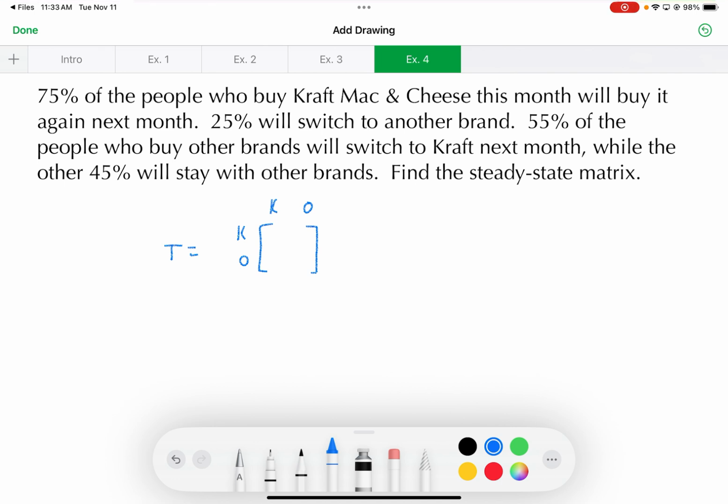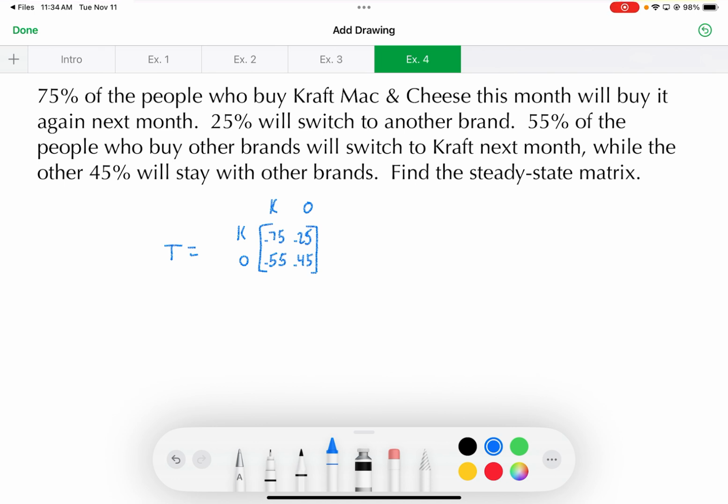Okay, so 75% who started with Kraft are going to stay with Kraft. 25% are going to switch to the other brand. And if you started with another brand, 55% are going to go to Kraft, and the other 45% are going to stay.